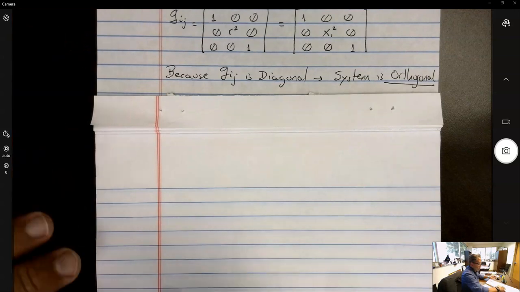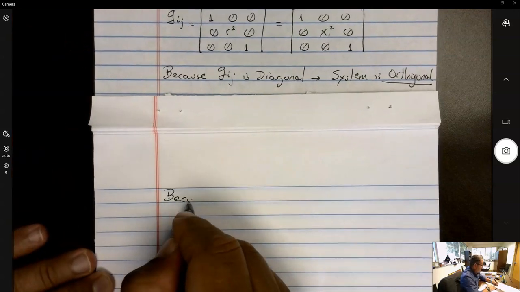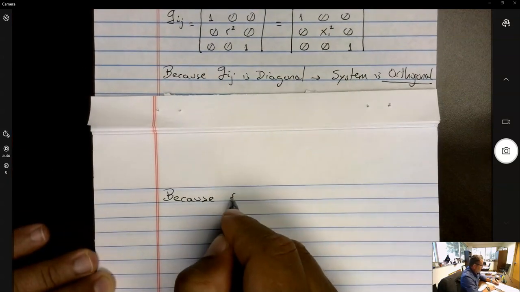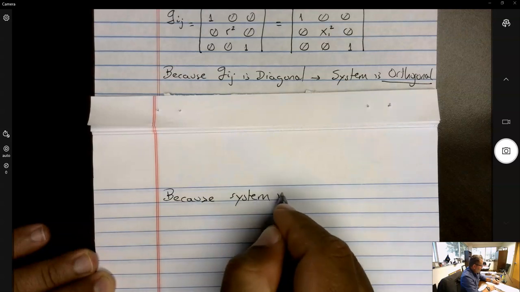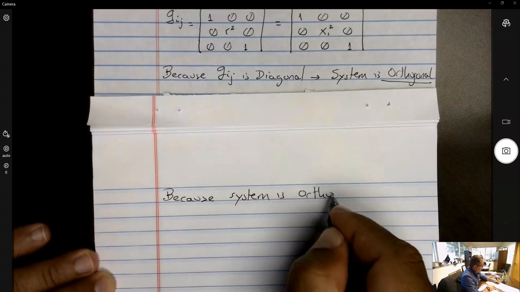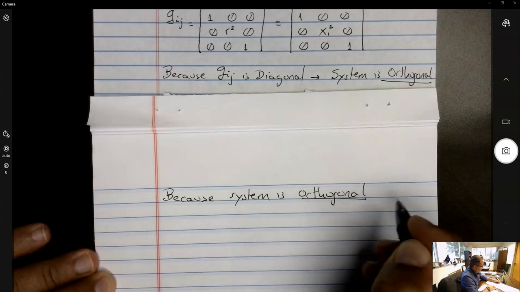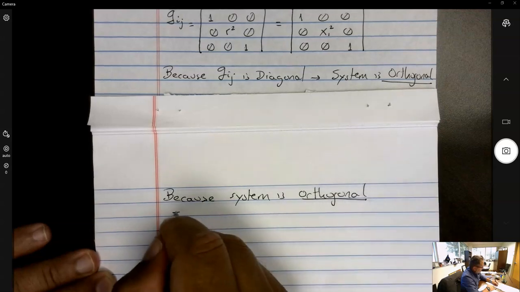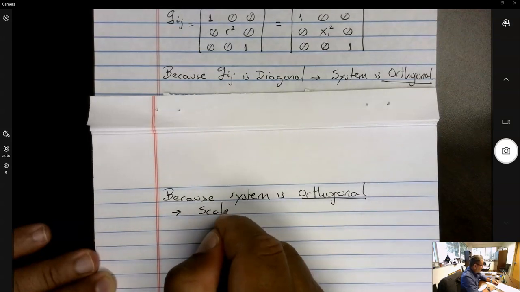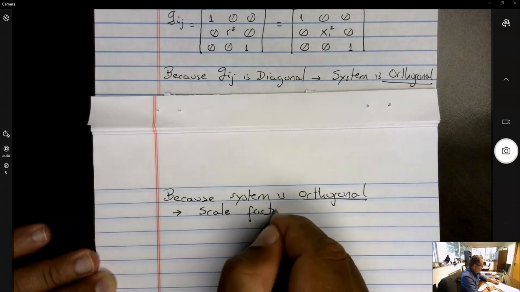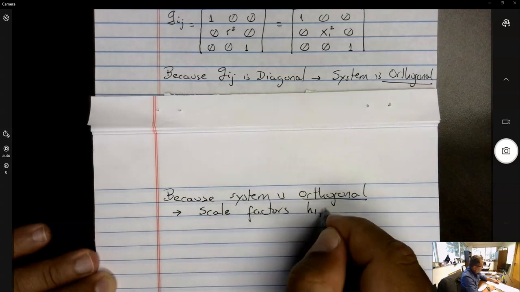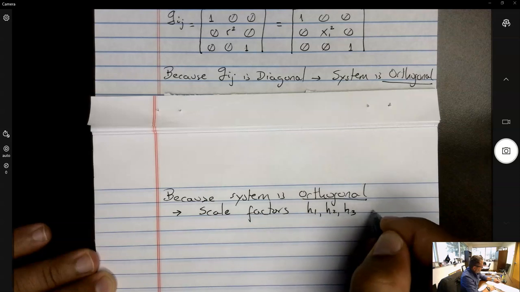Now, because the system is orthogonal, then scale factors h1, h2, h3 exist.